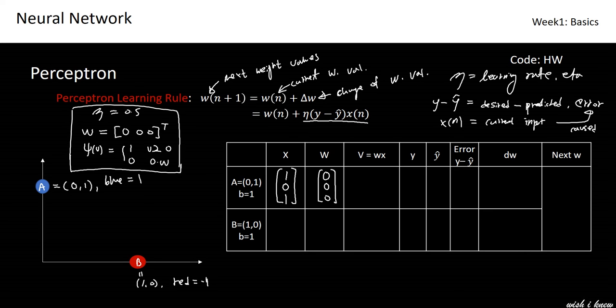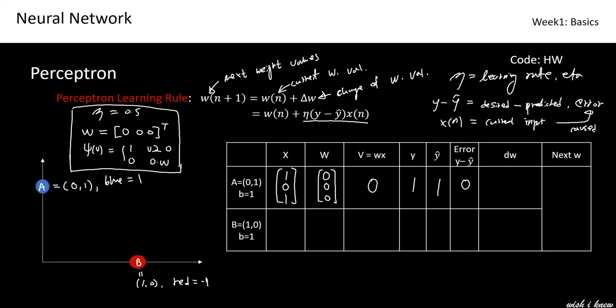The logit value is going to be just 0, because 1 times 0 plus 0 times 0 plus 1 times 0 is just 0. The actual label is 1, and since v is 0, the prediction is going to be 1. So there's no error, luckily, as a coincidence.